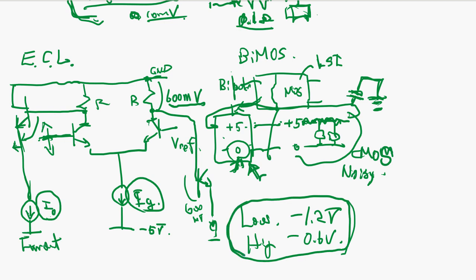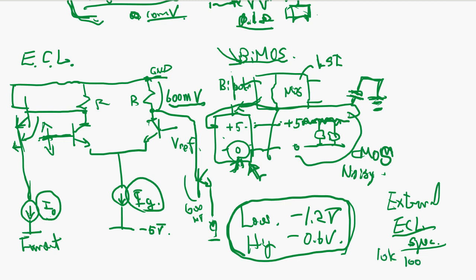And when you design this kind of chip, you can determine it by yourself, because you are not using the external ECL spec. If you bring in an external ECL signal, you have to follow the external ECL spec, and they have two different kinds: a 10K spec and a 100K spec.